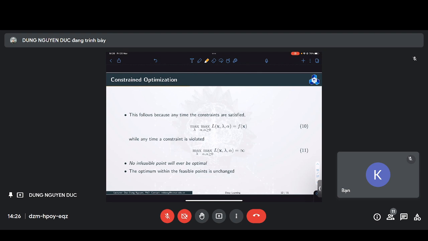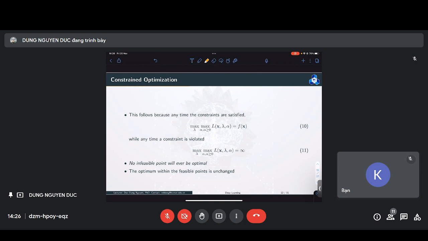Because of this, no infeasible point will ever be optimal. A feasible point should satisfy the conditions f and g. If it violates the constraint, you cannot minimize it because the maximum of L is infinity. That's the deal we have so far.